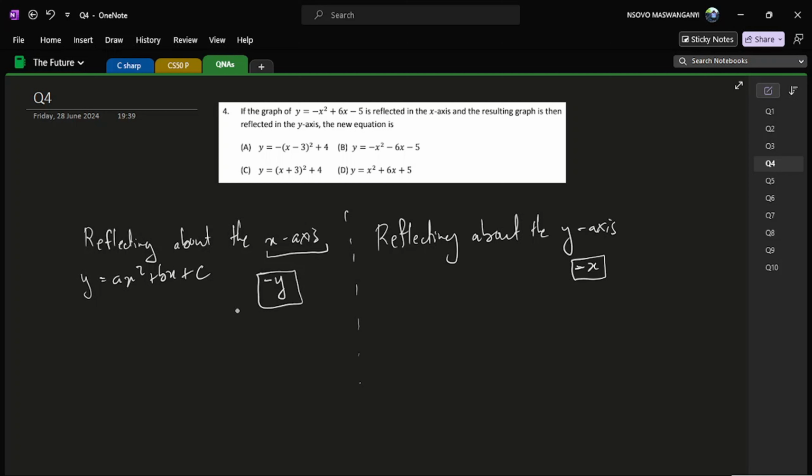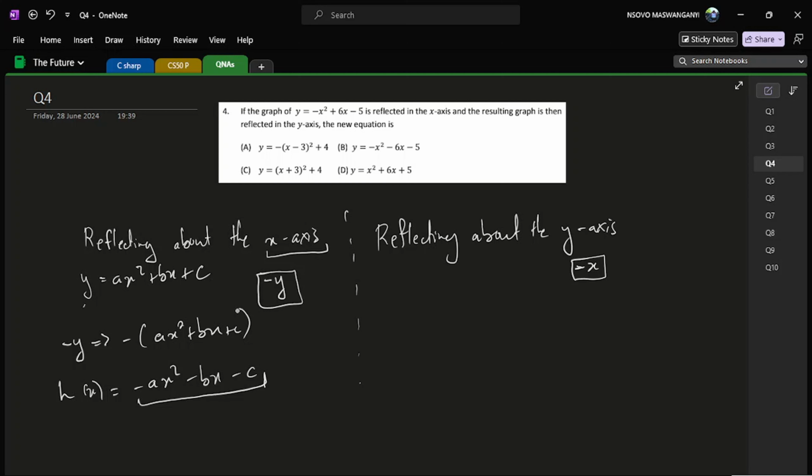This is the same as negative y, which implies that we put a negative in front of ax squared plus bx plus c. The new equation, let's call it h of x, will be negative ax squared minus bx minus c. So this is the new equation reflected about the x-axis. We multiply the whole y by a negative.